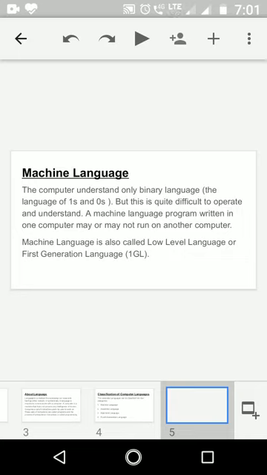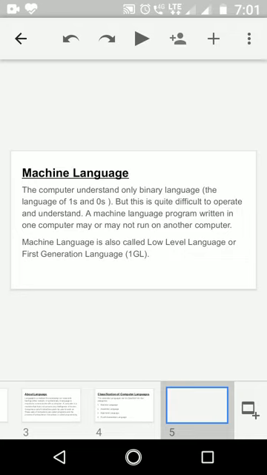According to whether current is coming or not, it decides 0 or 1. All instructions are made up of combinations of zeros and ones only, and the computer is able to work on these two digits only. So the machine language comprises all the instructions which are given in zeros and ones.